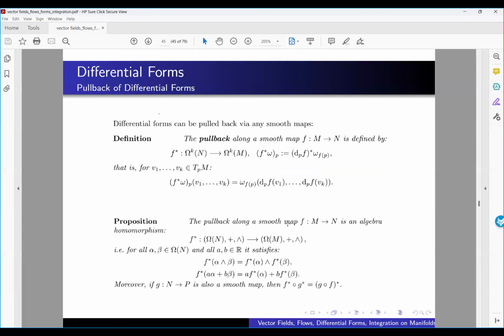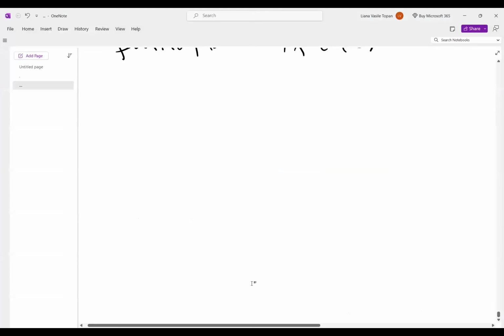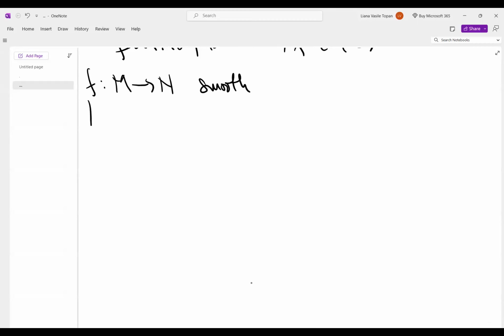Let me write this pullback down. So suppose that you have f, a smooth function between manifolds, and then the pullback.